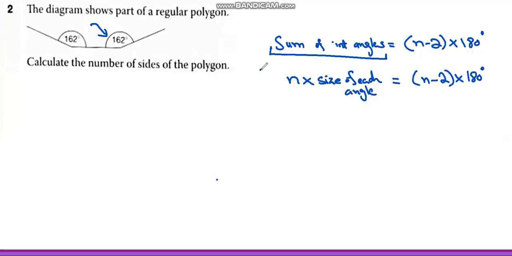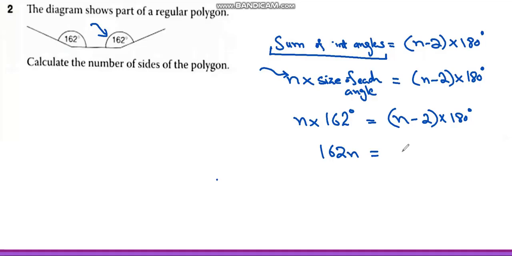We have to find the number of sides, which means we have to find n, and we know the size of each angle, which is 162. If we replace the size of each angle with 162 degrees, we get the equation 162n equals 180n minus 360 degrees. On the right side, we just expanded it. Let's solve it.